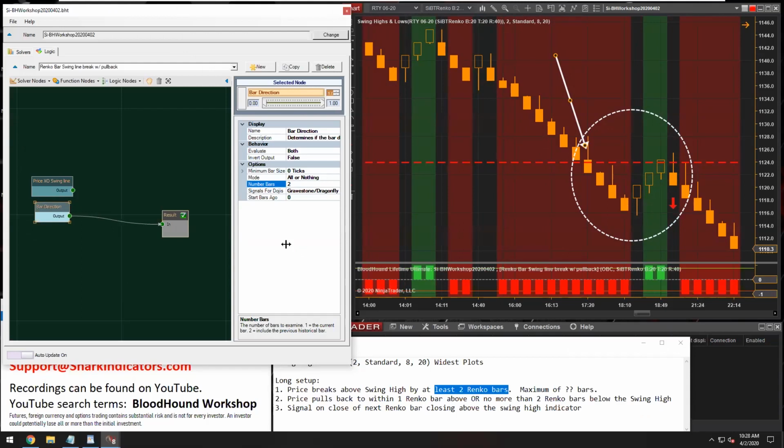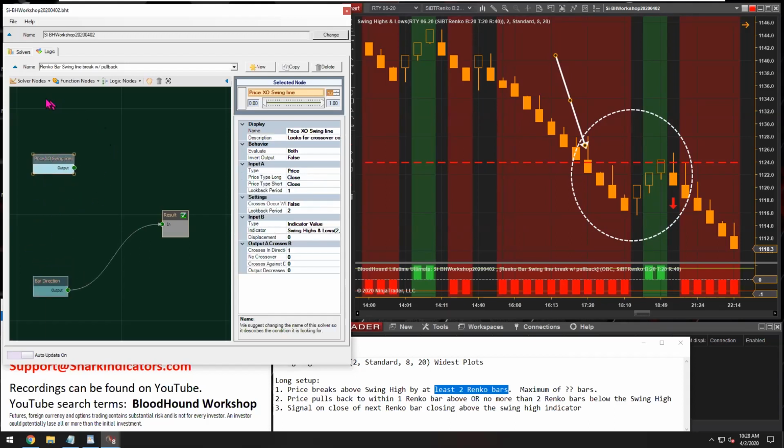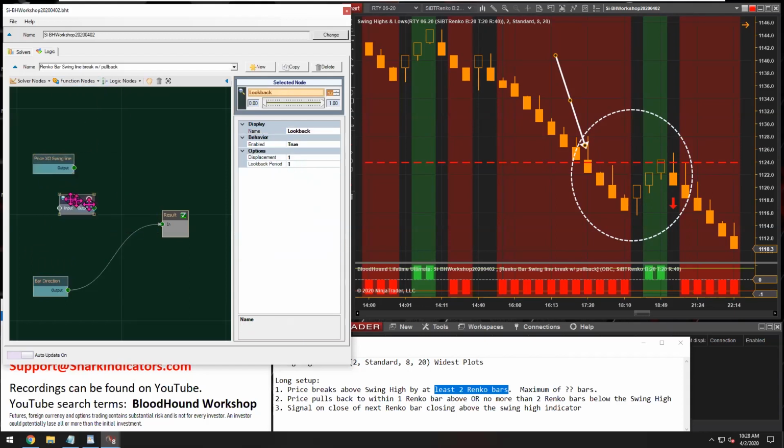Yeah, I'm just kind of thinking this through. It's not quite going to be that simple, will it? No, it's not. Actually, I'm going to put this bar direction solver to the side. Let's see. I'm going to grab a look back node. Yeah, this is going to be what I want.